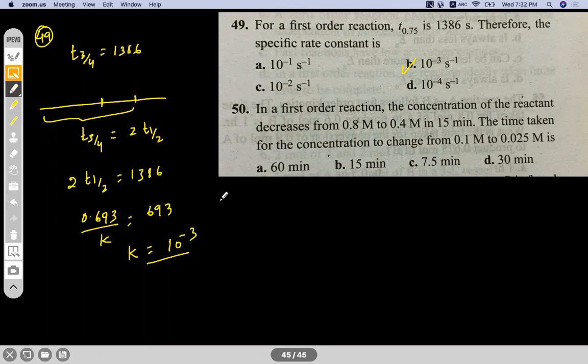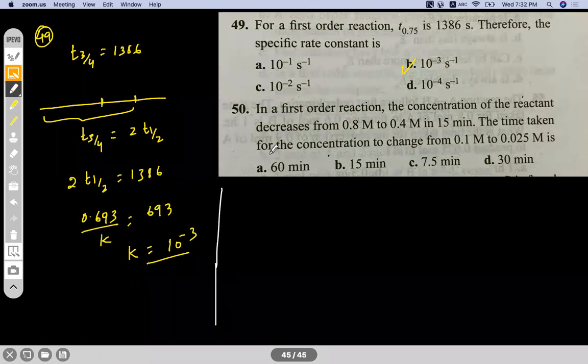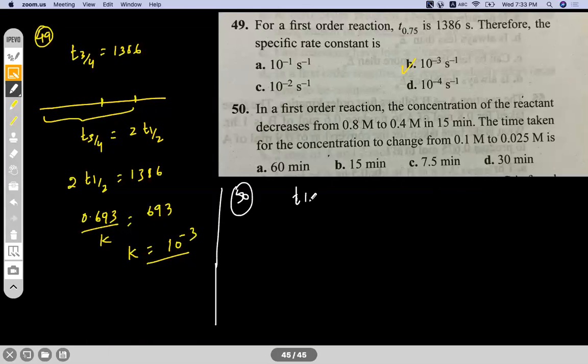Now, the second question you see. In the first order reaction, the concentration of the reactant decreases from 0.8 to 0.4 in 15 minutes. So T half given in the question is 15 minutes.